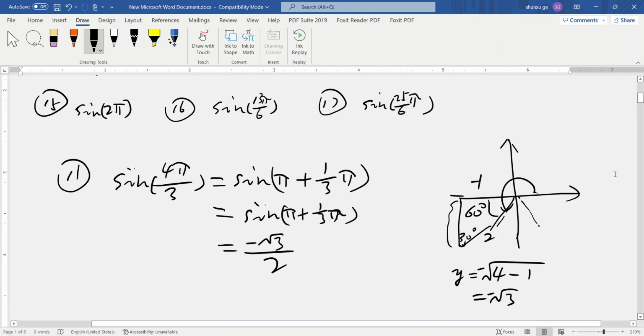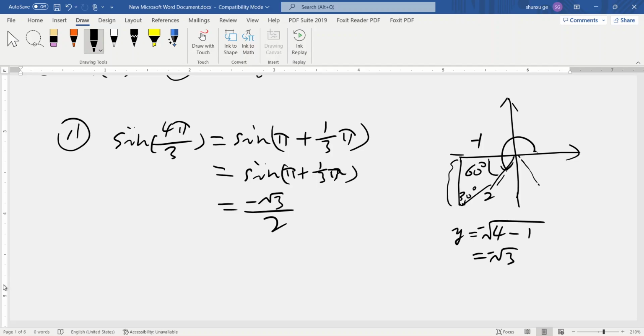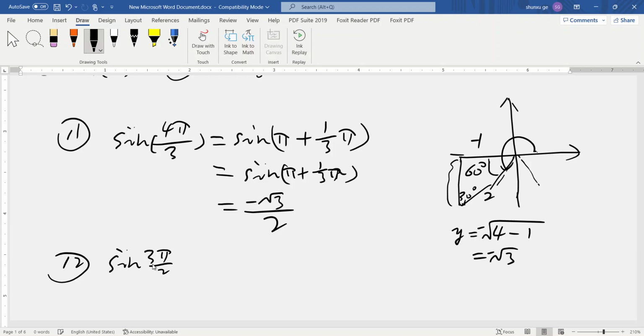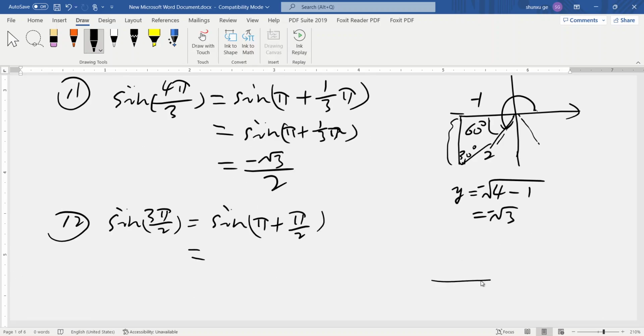Sin 3 pi over 2. Okay, equal sin pi plus pi over 2. So here is pi degree here.